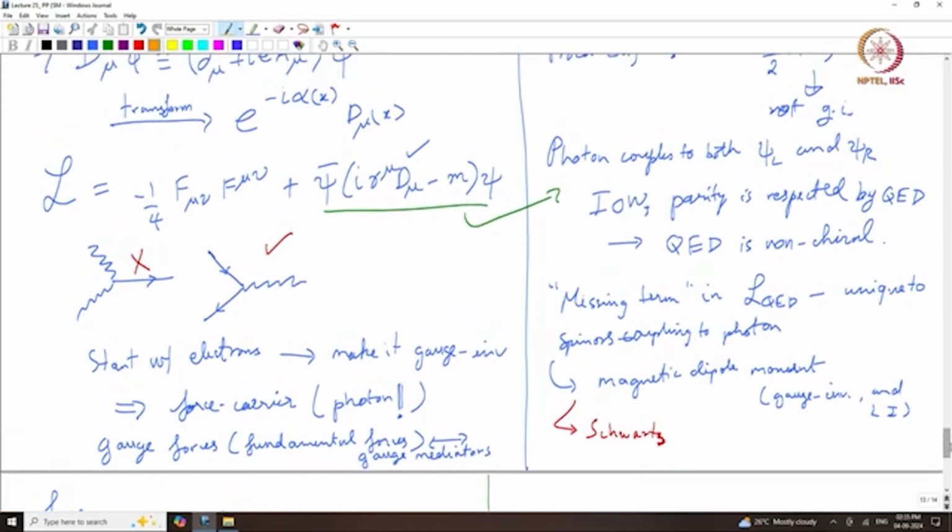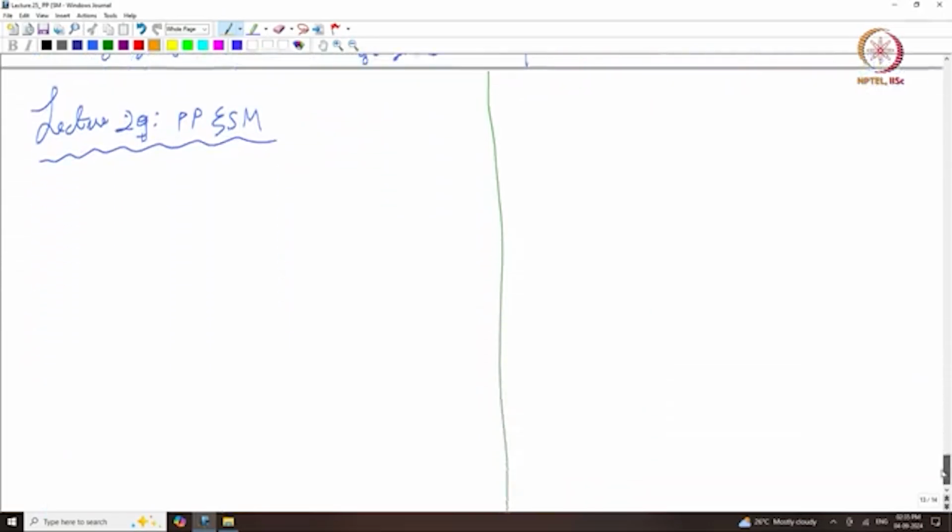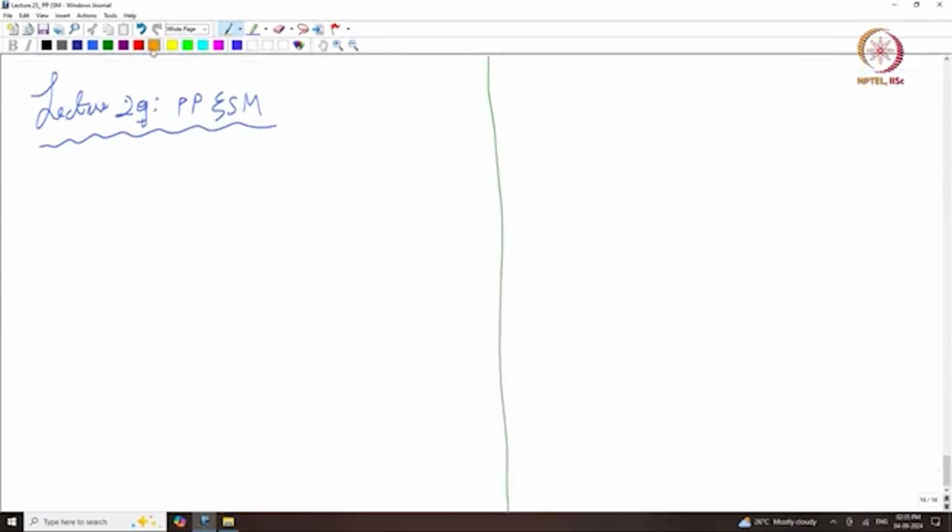Okay. Now let us take this one step further in this lecture to get closer to the actual standard model. All right.